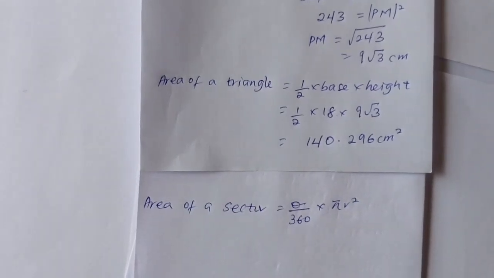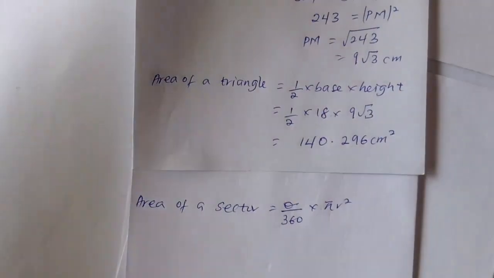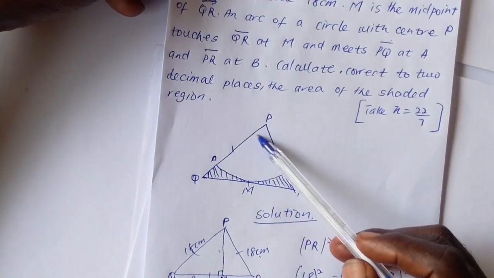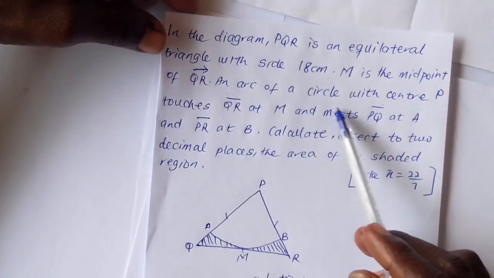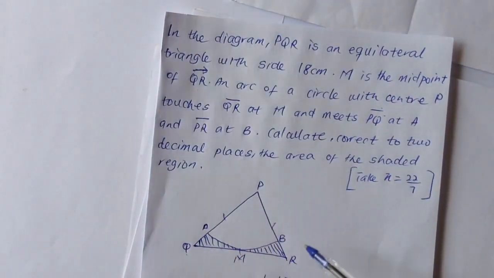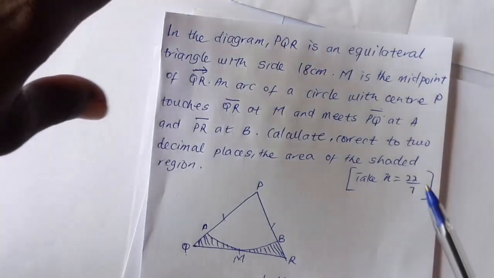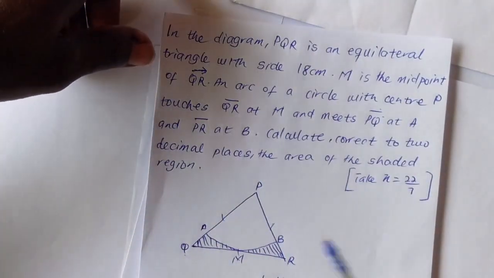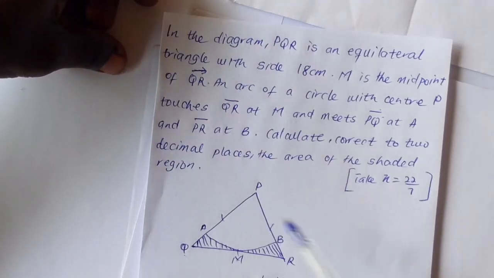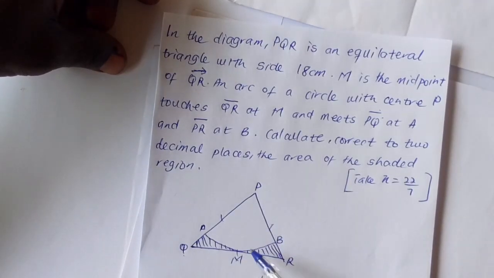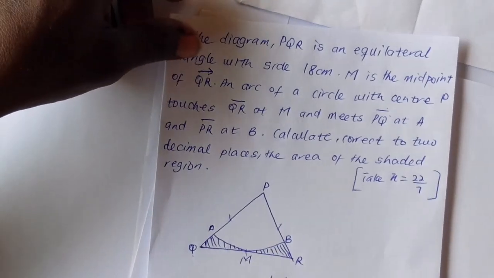Now what is theta? Since this is the center here at P, the question made it clear with center P. And PQR happens to be an equilateral triangle. All sides are equal, all angles are also equal. With all angles being equal, each interior angle is 60 degrees.